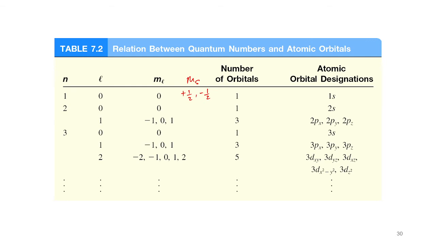Sorry, negative one half. So each atomic orbital contains two electrons: two electrons for 1s, two for 2s, two for 2px, 2py, and so on and so forth.